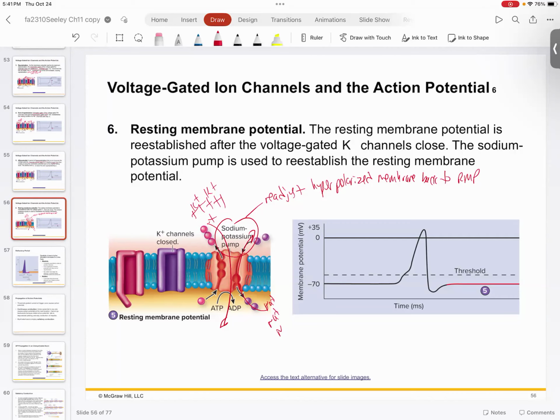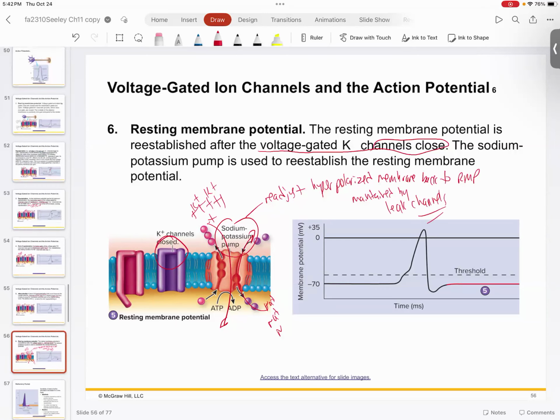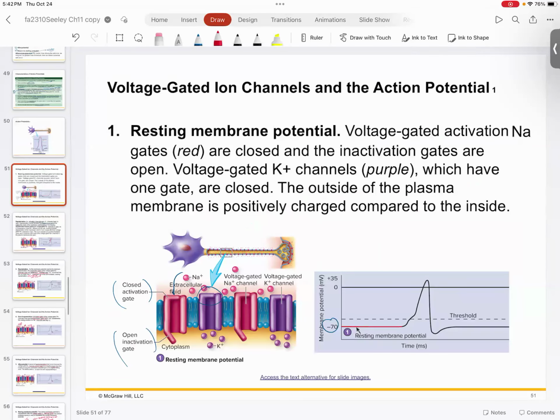So at this particular point as well, before you actually start this readjustment, the one thing you need to understand is that what triggers this is the voltage gated potassium channels have to close. So now you've got the closure of your potassium channels. Your sodium will readjust back to resting membrane potential, and then it'll be maintained by the leak channels, basically bringing us all the way back to the very beginning.